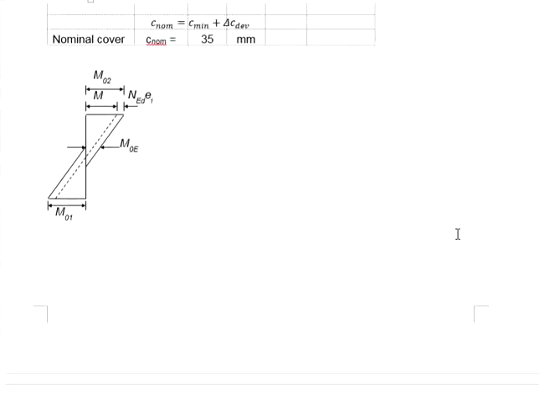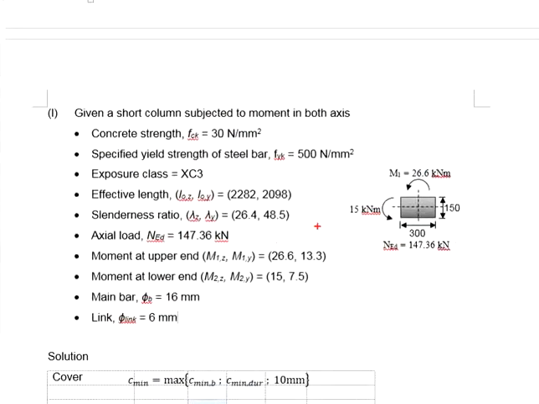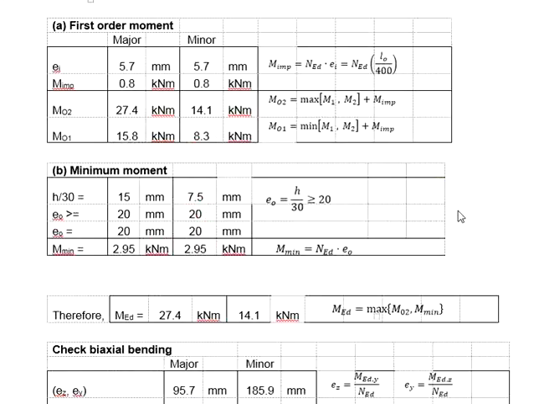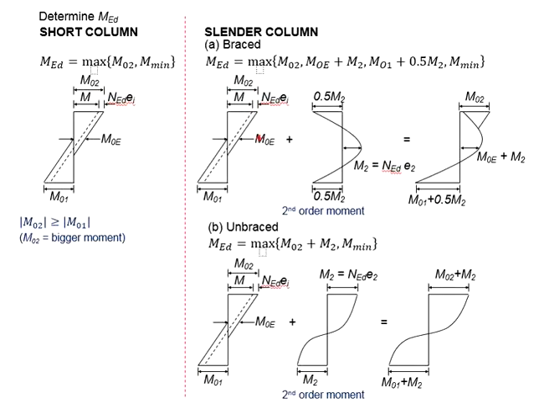You may do the same for the smaller moment, which is acting on the lower end. The calculated value shall be the M01, as it is smaller than 27.4 and 14.1. Next, we calculate the M-mean.